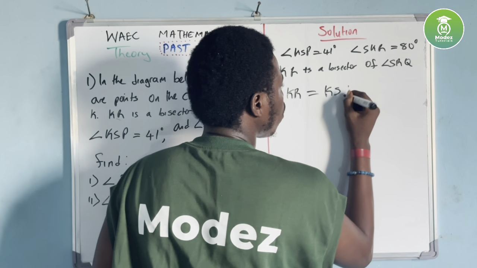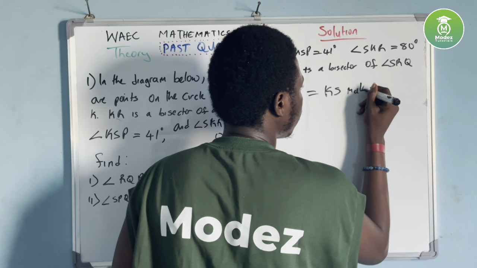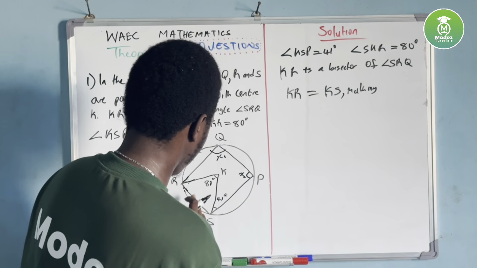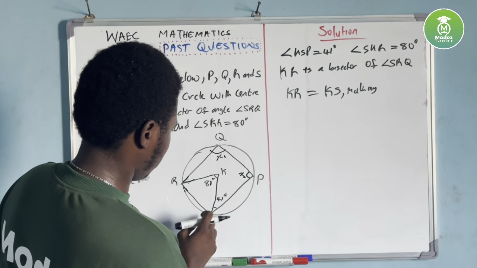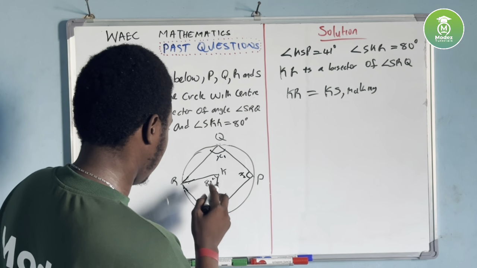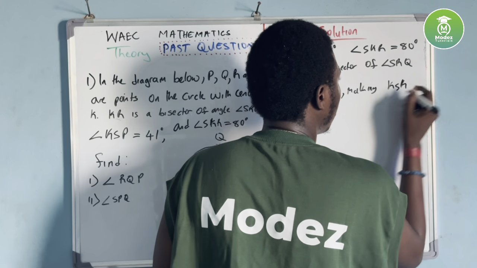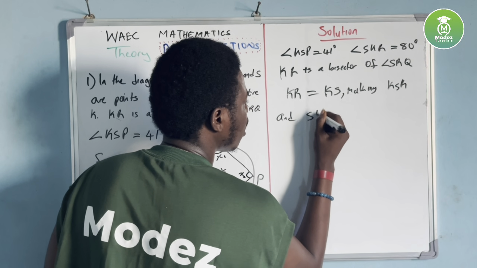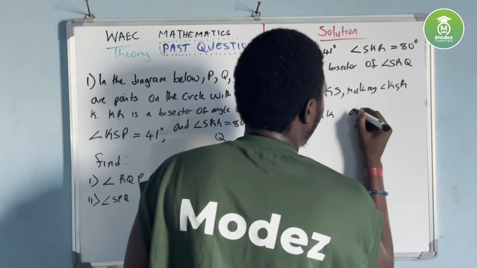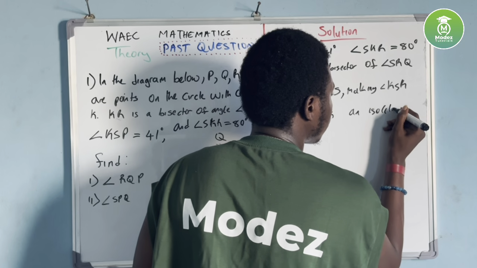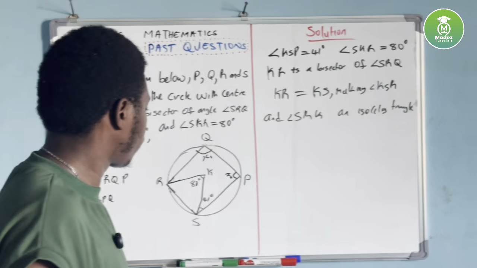And so therefore, angle KSR and angle SRK are equal, making it an isosceles triangle. Do you get it?